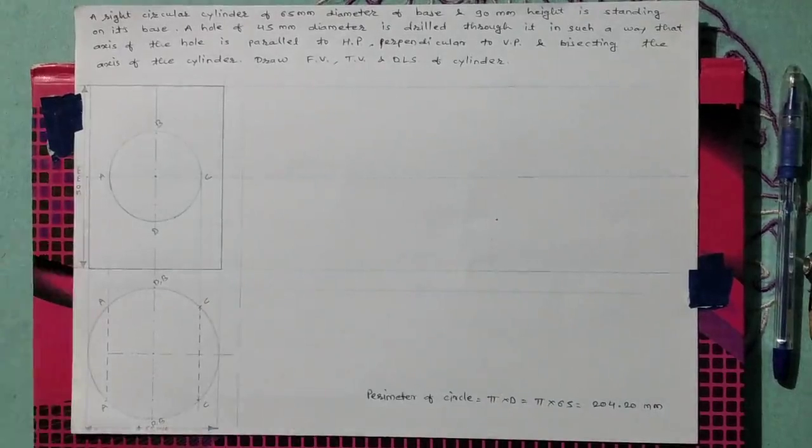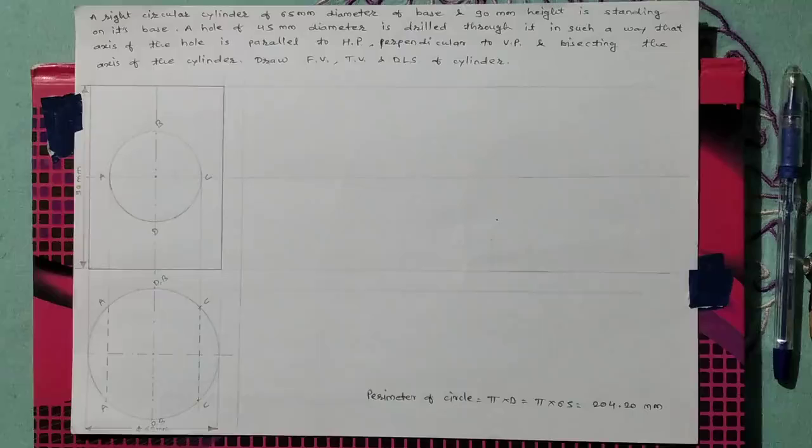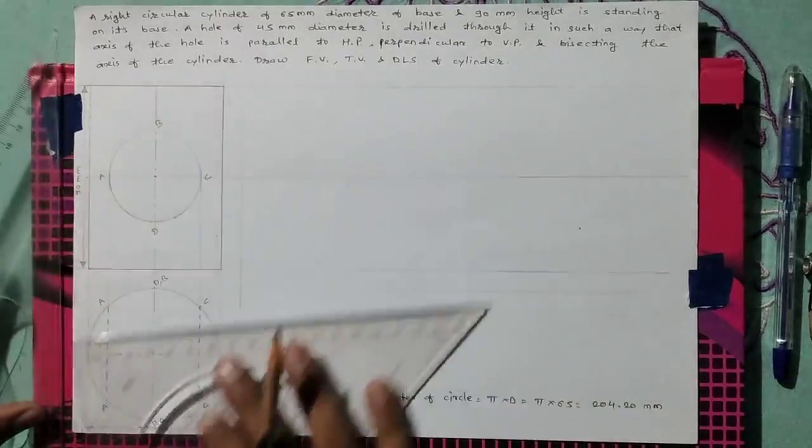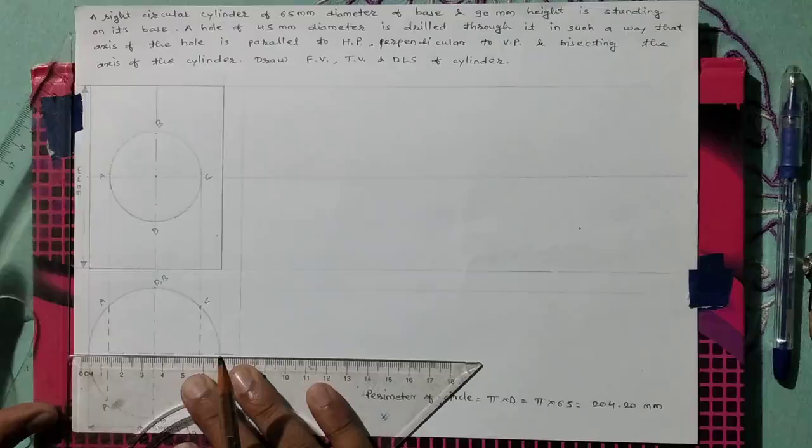Next step is we have to divide this circle of the top view. We are dividing this circle in 12 equal parts. We can use set squares for dividing this circle.